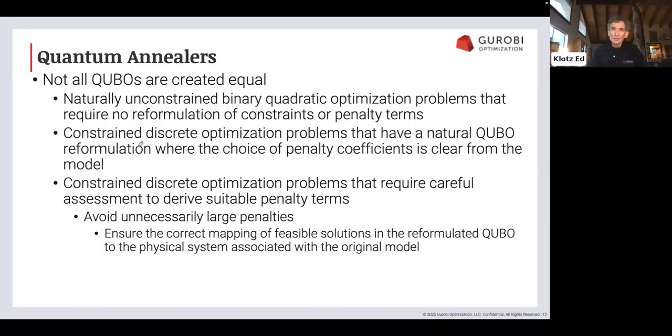In other cases, you have to handle some constraints, but it's very easy to find small penalty coefficients that then address the issue that Malahay raised about wide ranges of coefficients. So you avoid that and are in good shape. And then you have the third or harder category where there isn't an obvious small penalty term, and you need to do some work to try to derive smaller penalties if possible.